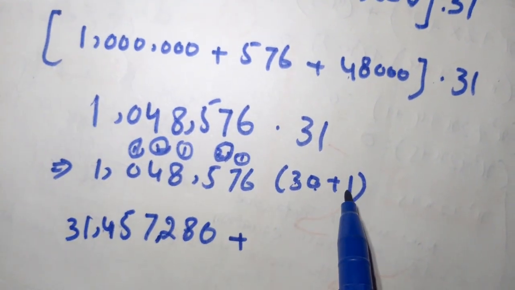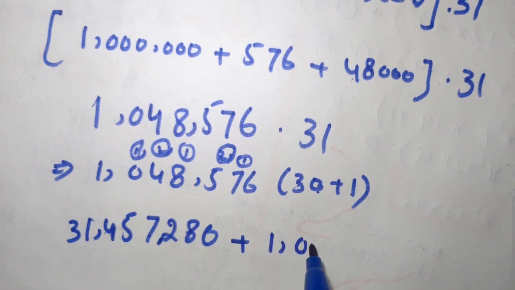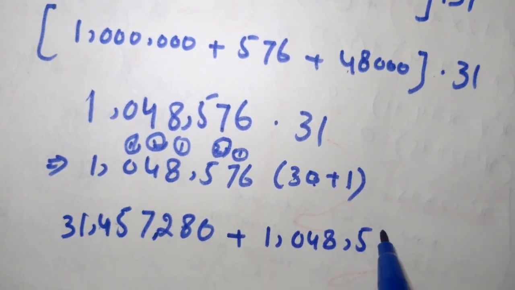Plus 1 multiply this number, this will become 1,048,576.